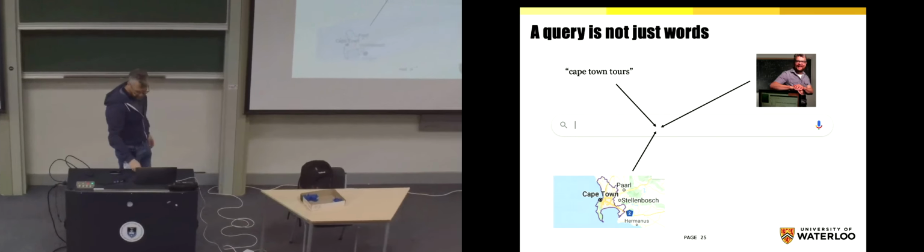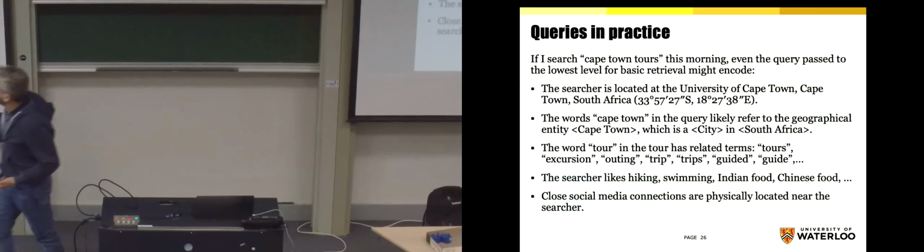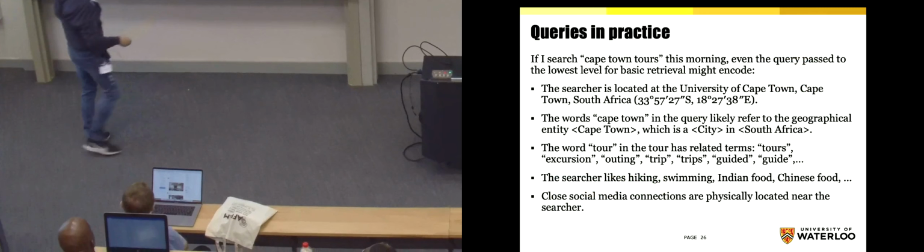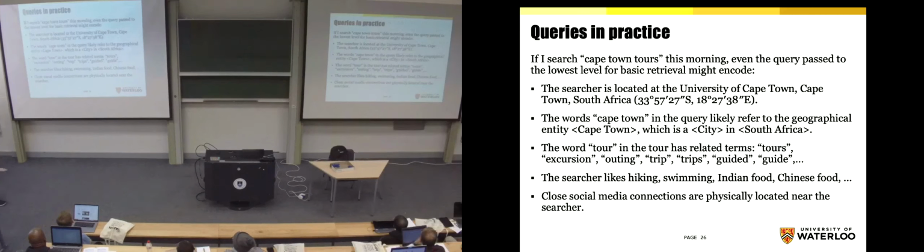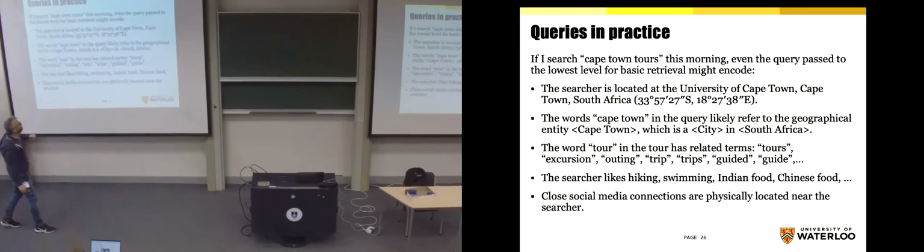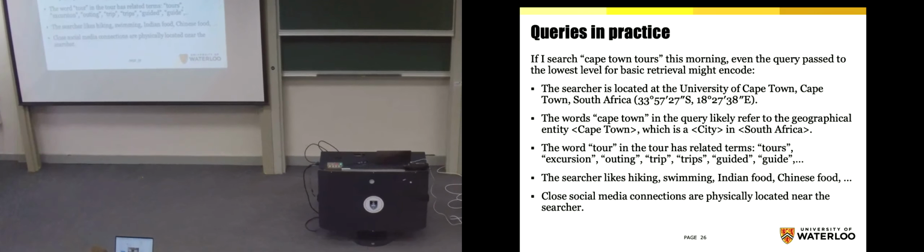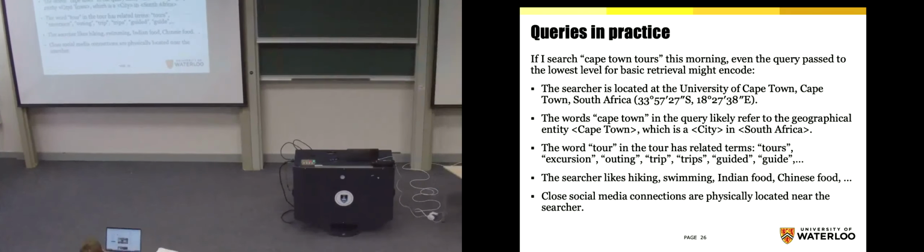And in fact, queries in practice in a real commercial search engine, right? If I type "Cape Town tours" this morning, here's what is going to go in to that lowest level of the volcano. What's going to go in there is I'm at the University of Cape Town, South Africa, and that latitude-longitude information. It knows where I am. It knows the stuff around this area.